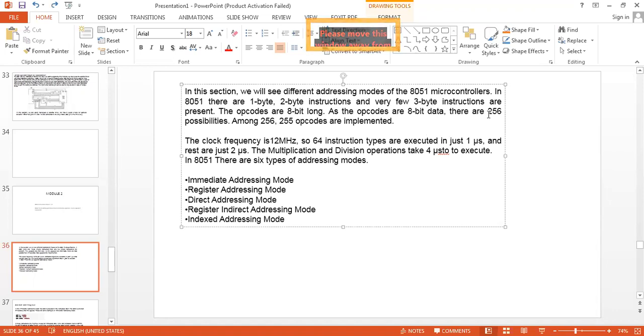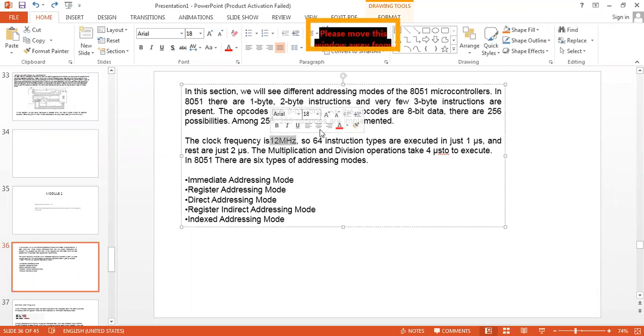So I have 255 possibilities, as the opcode bit size is 8-bit data. Then we know that the 8051 is working upon 12 megahertz.